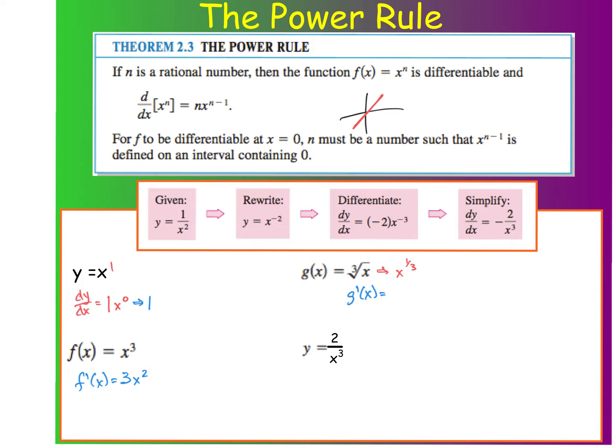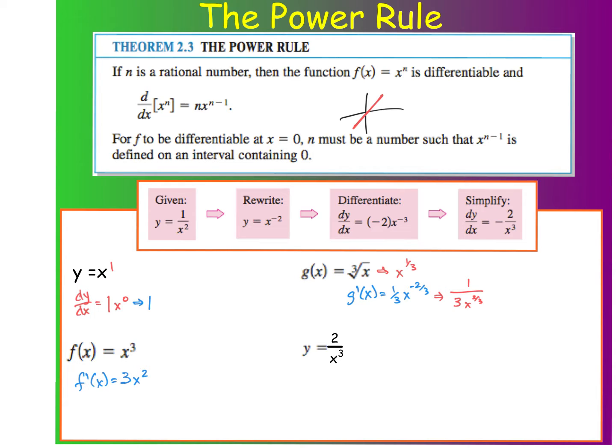So then what gets to be brought out front? A 1/3. And now it's x to the what power? Subtract 1 from 1/3: negative 2/3. Lovely. And then this is my childhood, so let's rewrite it. So now I'd have 1 over 3x to the power of 2/3. And now I'm done.